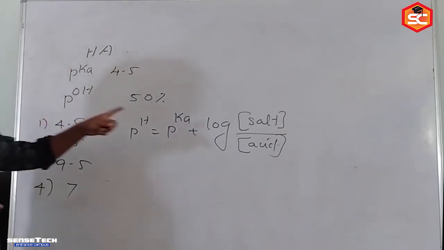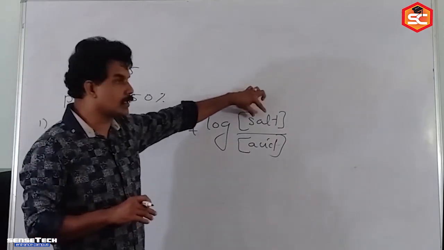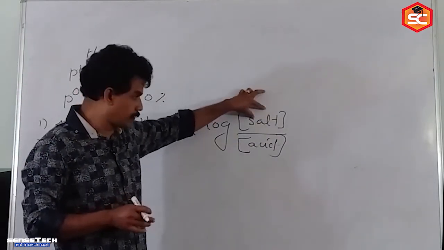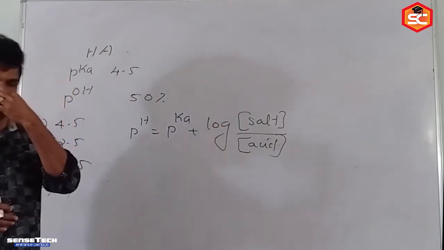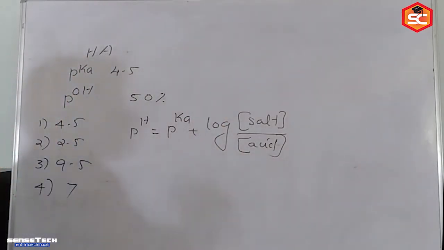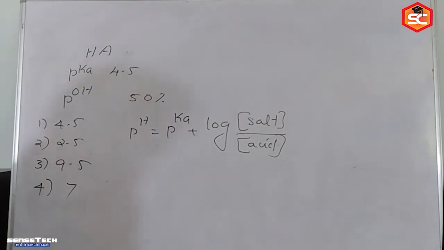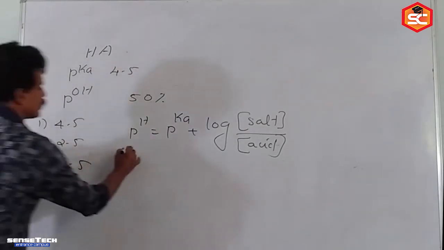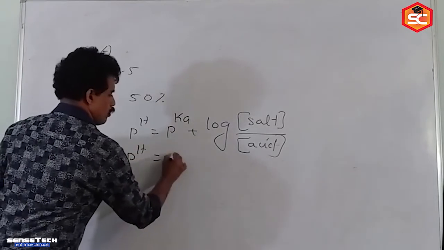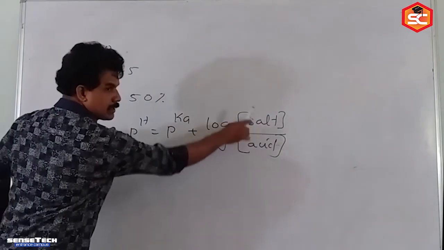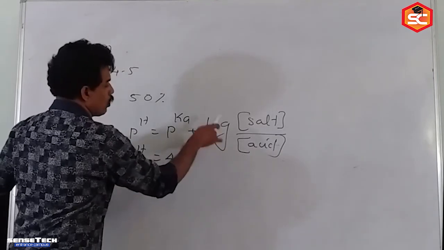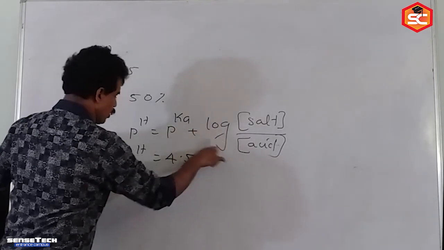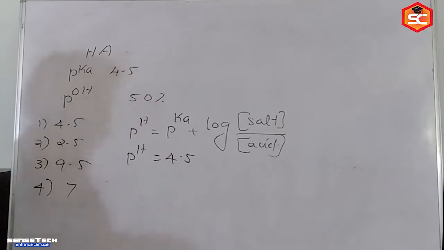So 50% ionization means the salt concentration will be about 50. What is the acid concentration? 50. Only 50% is ionized, the remaining is unionized. So 50-50 on both, so you are getting 1. So what is the value of pH you are getting? 4.5, because these two are the same, 50%. Here log 1 is 0.